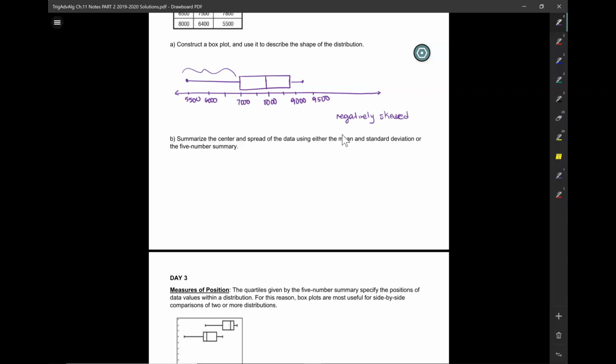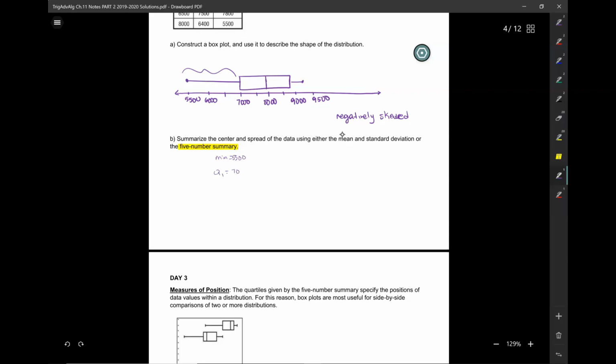So now, how are we going to describe the center and spread of this data? Are we going to use the mean and standard deviation or the 5-number summary? Because this is not symmetric and it's negatively skewed, we use the 5-number summary. And so, you just write down: minimum is 5,500.